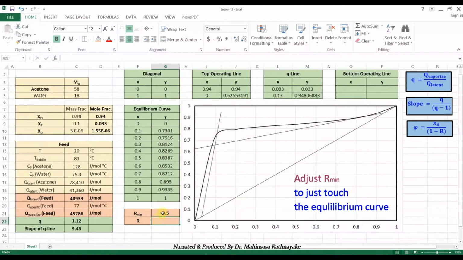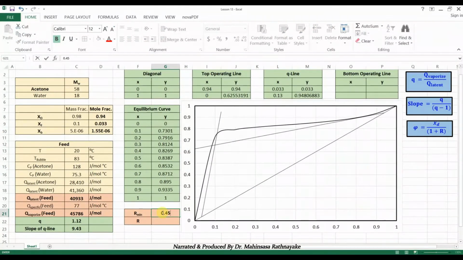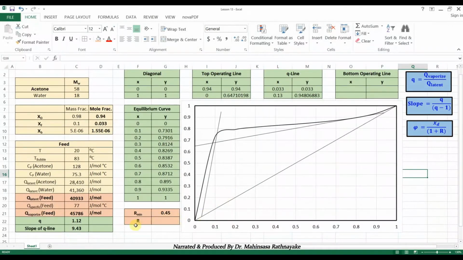So we can adjust the R minimum value. So we can obtain that the intersection occurs at R minimum is equal to 0.45.